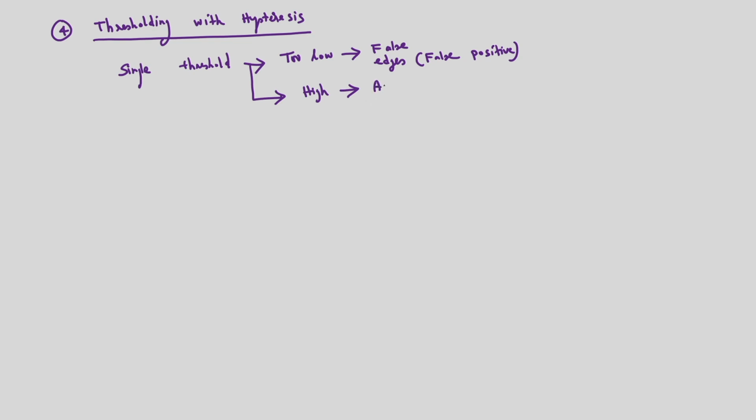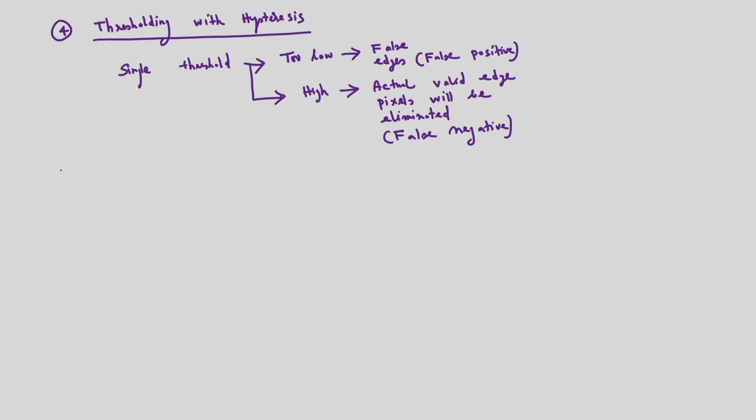What is the problem? Actual valid edge pixels will be eliminated. That is nothing but false negatives. So that is the problem with a single threshold.